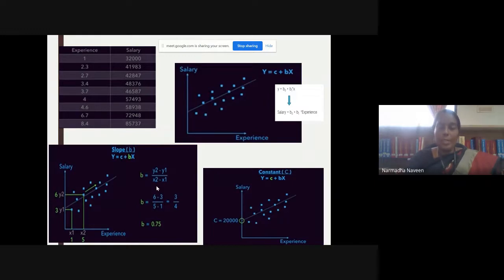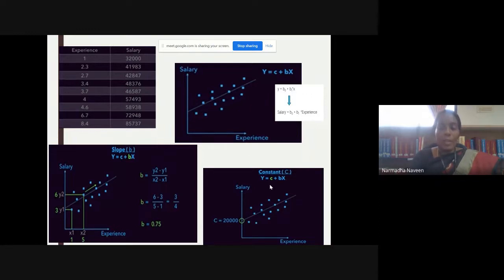That is the difference in the change of the variable. For example, if you consider x1 as 1 year of experience and x2 as 5 years of experience, y1 as 3 and y2 as 6, then b is equal to 6 minus 3 divided by 5 minus 1, which is 3 divided by 4, and that gives the value 0.75.